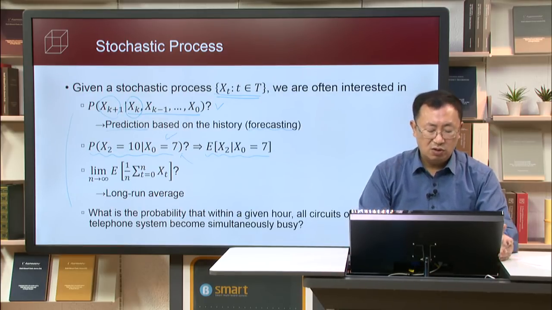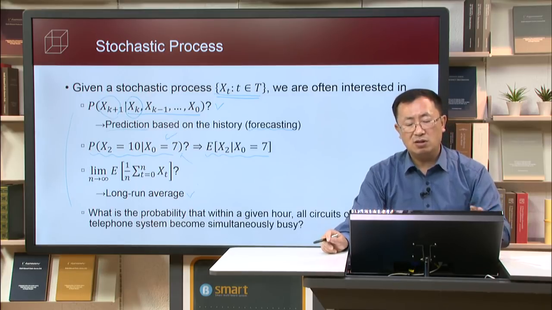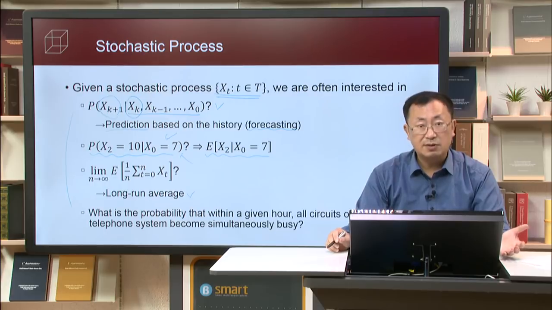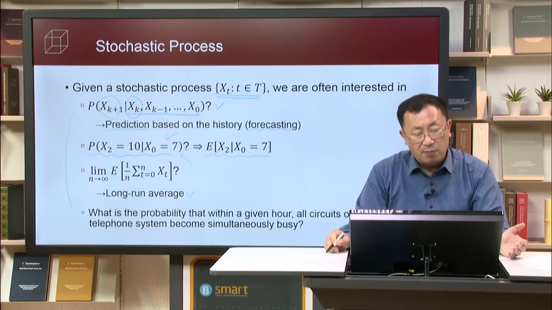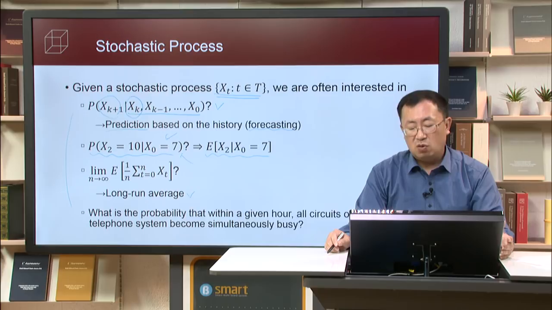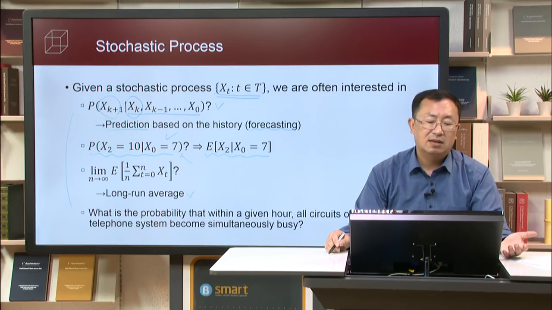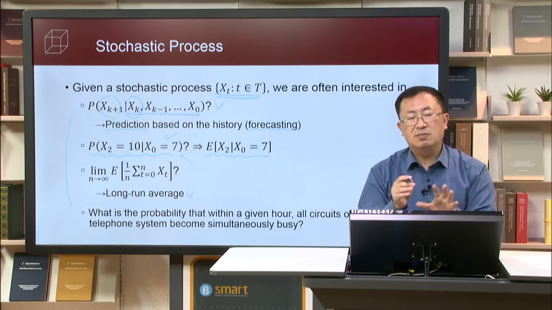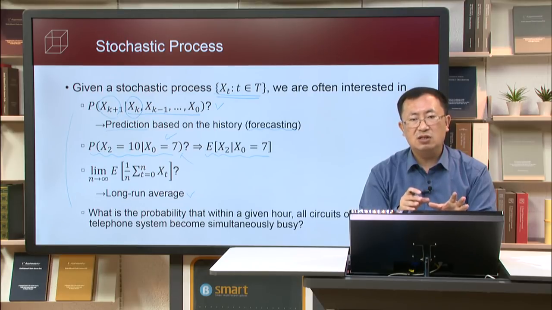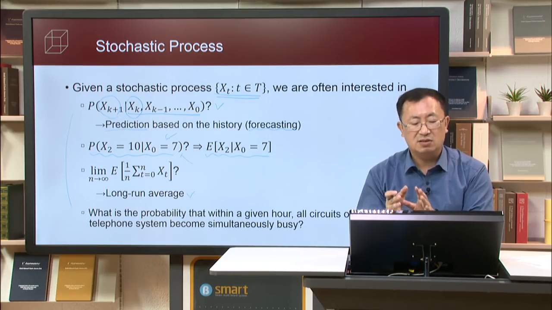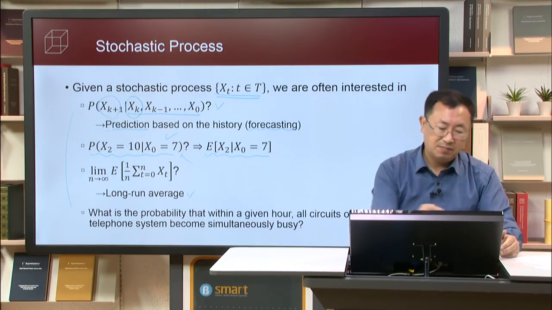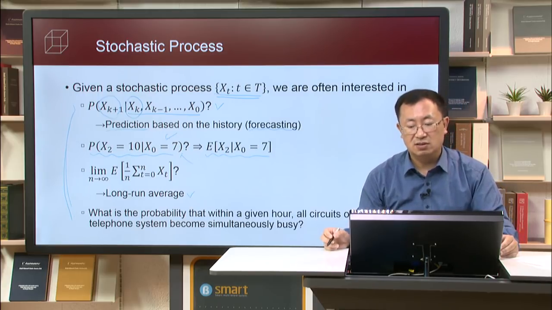By doing so, you may calculate some kind of long-run average, or you may answer questions such as: what is the probability that within a given hour, all circuits of some telephone system become simultaneously busy? Right? So if you can model the evolution of a dynamical system as a sequence of random variables, or a stochastic process, you can answer those types of questions.